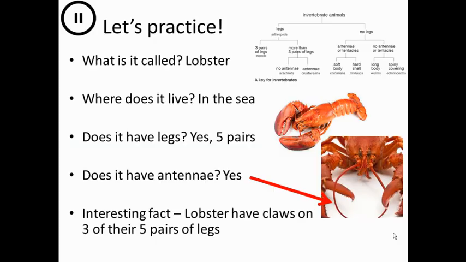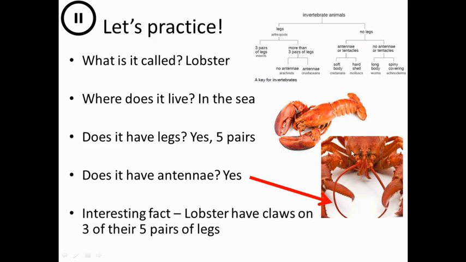So let's practice. You've got the flow diagram up here to help, okay? So I'll read out the information on our lobster. Then you'll pause it. You'll try and define which group it falls into, okay? So it's a lobster. It lives in the sea. It's got 5 pairs of legs. So these front ones actually class as one pair of legs.